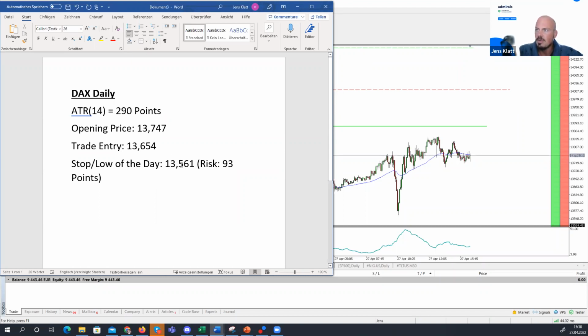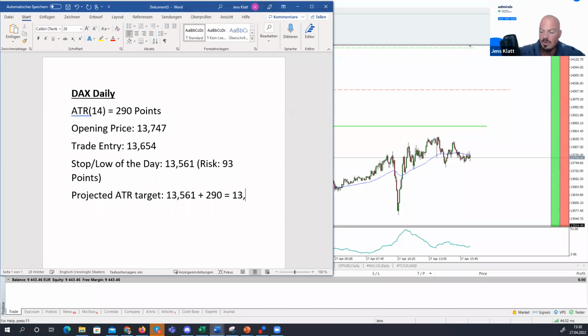Then 90 points brings us to 651, and another 200 is projected. Let's call it the ATR target: 13,561, plus 290 points, because this is the ATR, which brings us, as you can see, to 13,851.